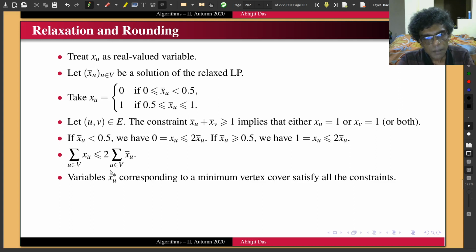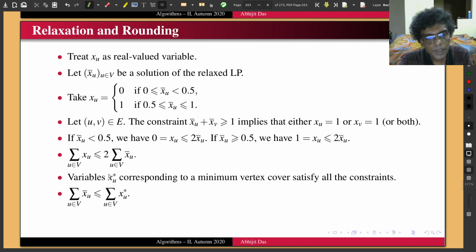This is not necessarily an optimal solution, but it is feasible. The XU star corresponding to a minimum vertex cover satisfies all constraints, but the optimal solution of the LP gives us some solution. In any case, I can write that this sum, which we wanted to minimize, is less than or equal to the sum of these quantities, because this is also a feasible solution, but need not be optimal.